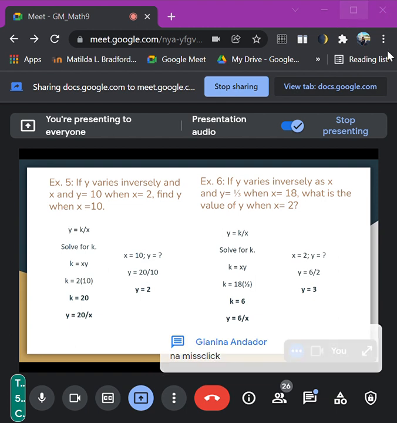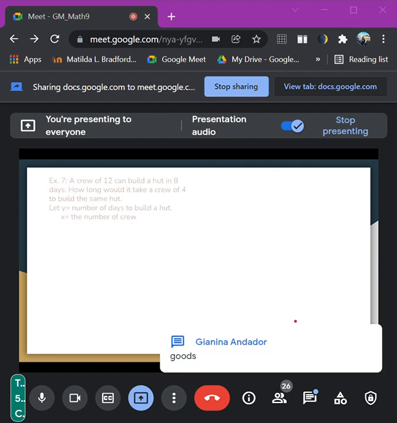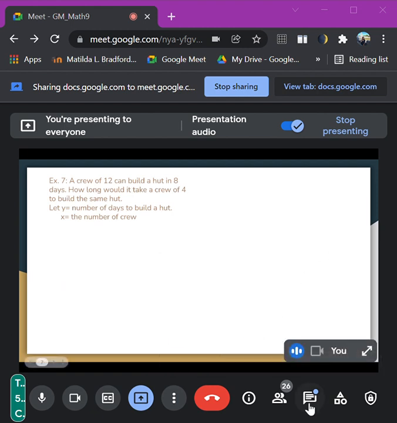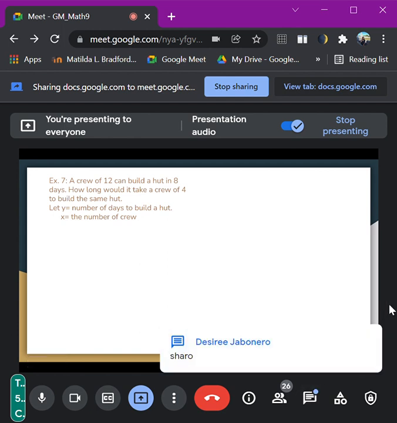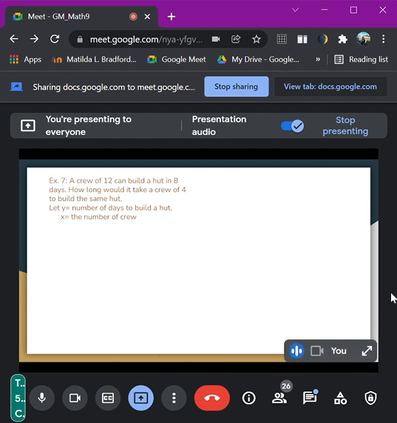Okay. Now, let's go to our example number 7. There are many examples, so that you really understand, right? So, we have here example number 7. A crew of 12 can build a hut in 8 days.